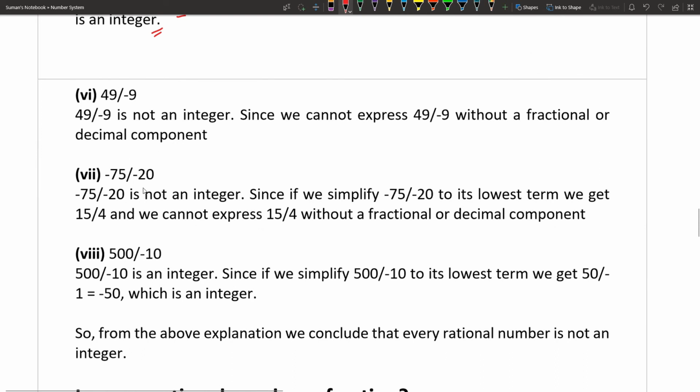49 upon minus 9, that is not an integer, since we cannot express 49 upon minus 9 without a fractional or decimal component. Minus 75 upon minus 20, that is also not an integer, since we simplify minus 75 upon minus 20 to its lowest term, we get 15 by 4, and we cannot express 15 by 4 without a fractional or decimal component.